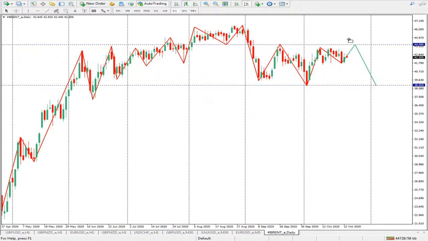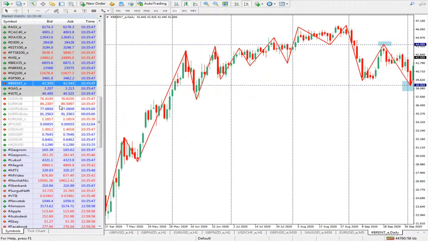This is a resistance here, and a resistance there. We have a support there, and we have a support there. So technically, this should be the place where if the price comes back up to, then we're going to be looking for a sell from.